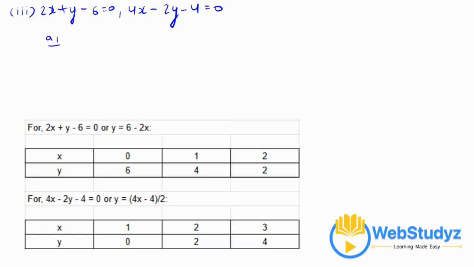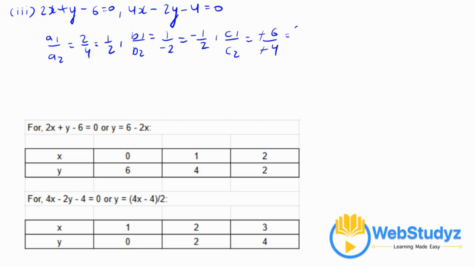So if we calculate a1 by a2, it will be 2 by 4, which is equal to 1 by 2. If we calculate b1 by b2, it will be 1 by minus 2, which will be minus 1 by 2. And if we calculate c1 by c2, it will be minus 6 by minus 4, minus minus cancel out. This will be 3 by 2.